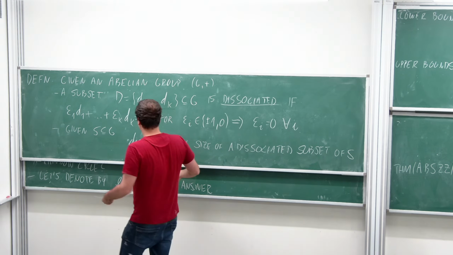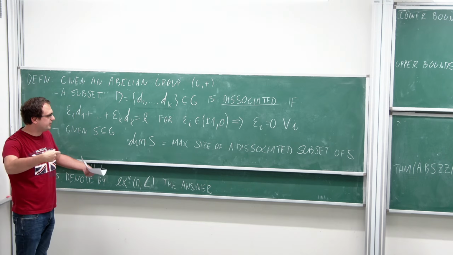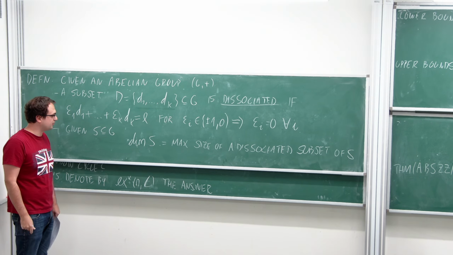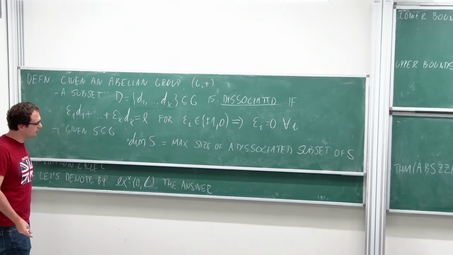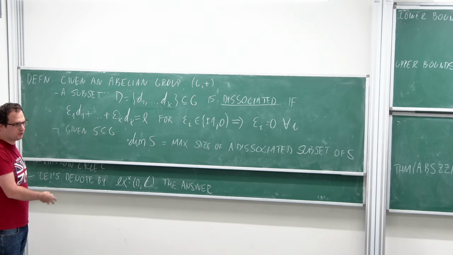So it recovers this idea of dimension in vector spaces as well. This definition is due to Shen and Skredov, but it actually was popping up before, just people didn't give it a name and didn't call it a dimension yet.